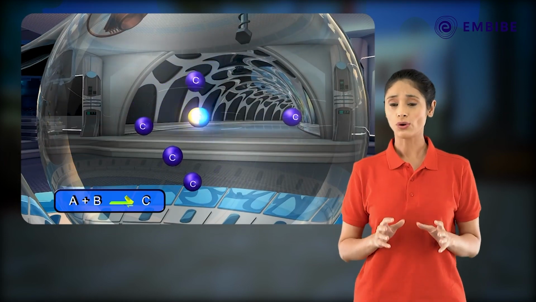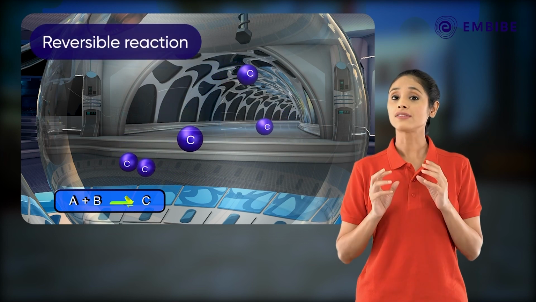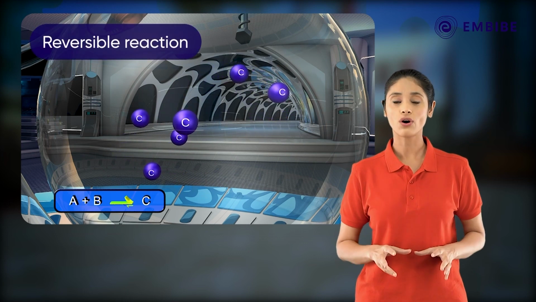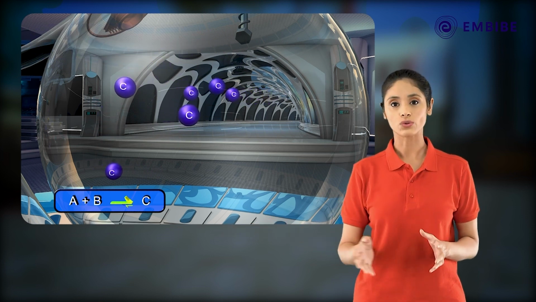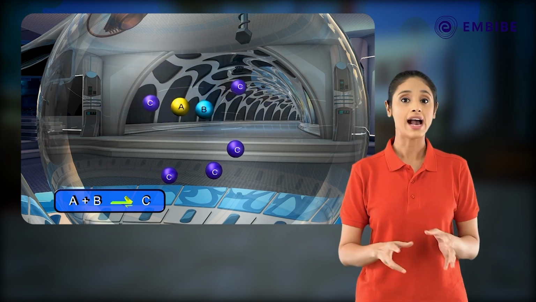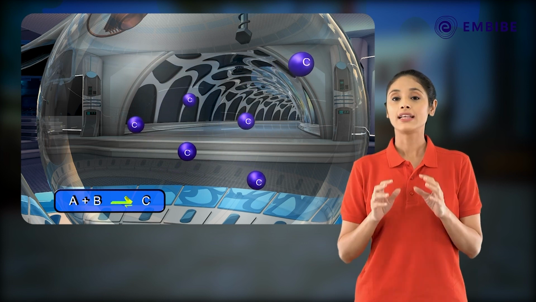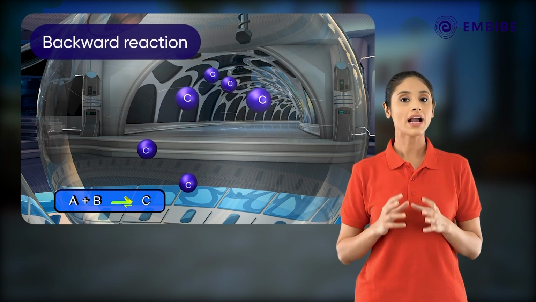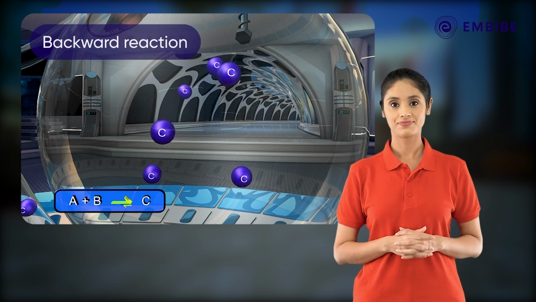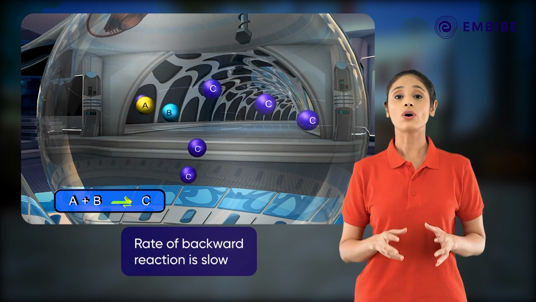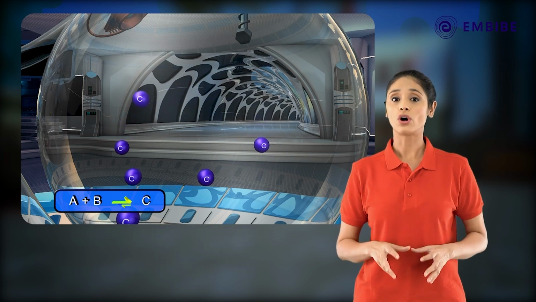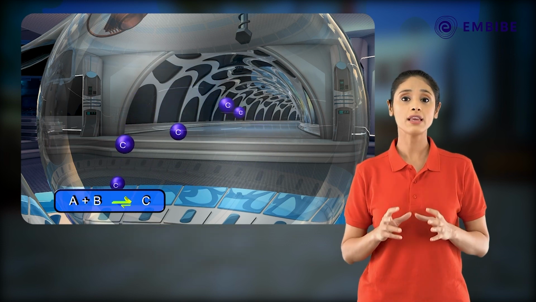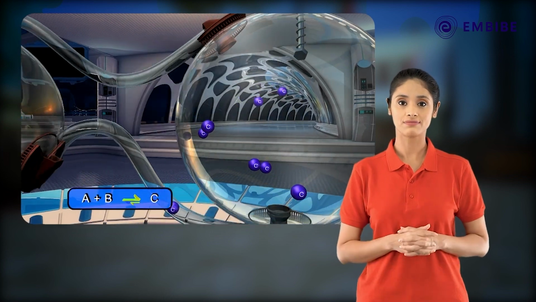However, we know that this reaction is reversible, and therefore the molecules of C start dissociating into A and B. This is what we call a backward reaction. Initially, the rate of backward reaction is slow because of the lesser number of C molecules in the vessel.